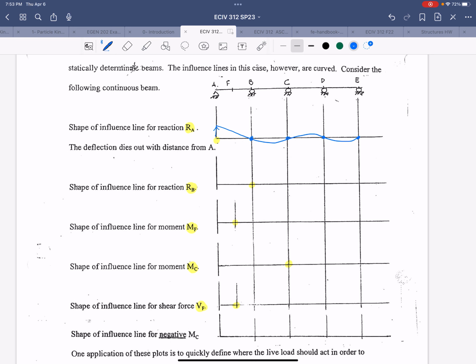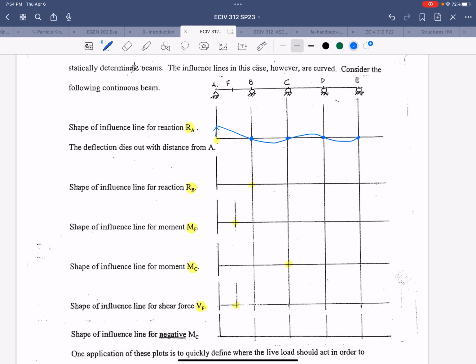Right, for the reaction at B, I've highlighted the locations of interest on each of these lines here too. I think in your version you should also have the supports drawn in where they remain for each influence line. I forgot to add that in my version, but it's always a good idea to draw those on to remind yourself of these 0-point locations.